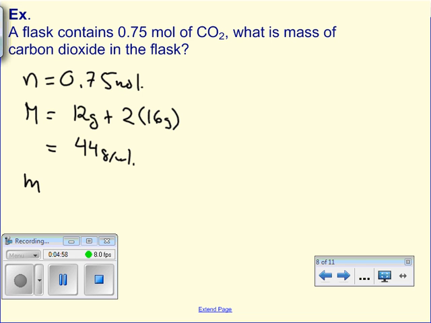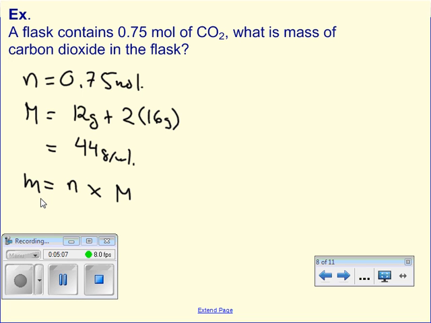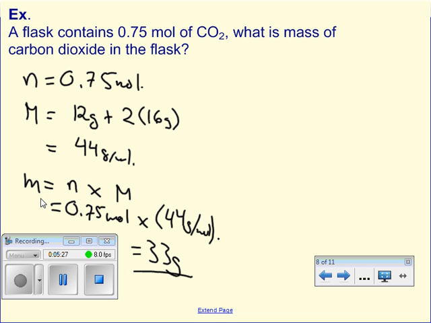My mass is going to be number of moles times the molar mass, which is going to equal 0.75 moles times 44 grams per mole, equals 33 grams in the flask.